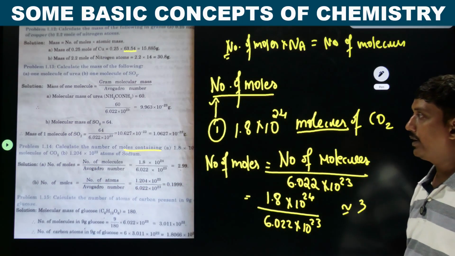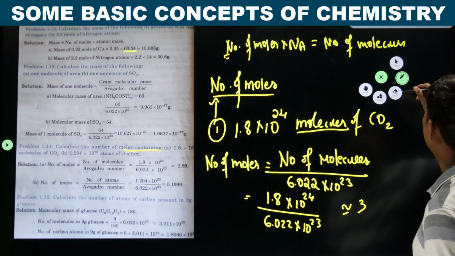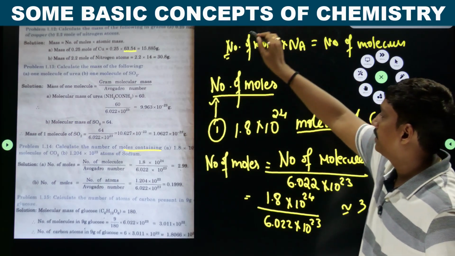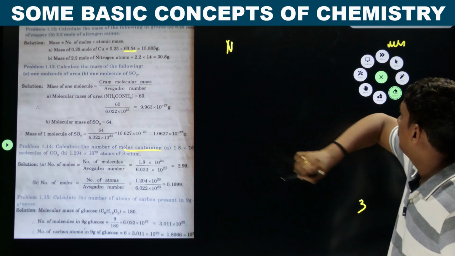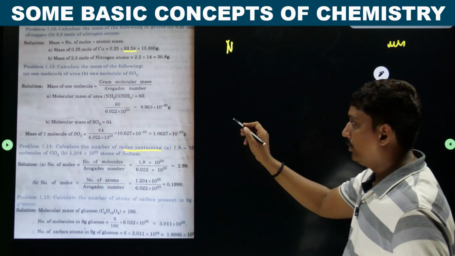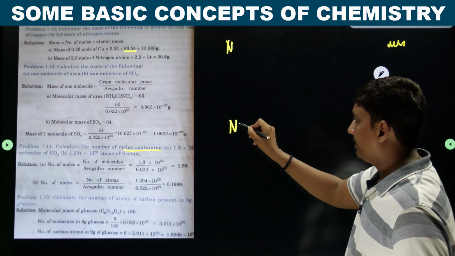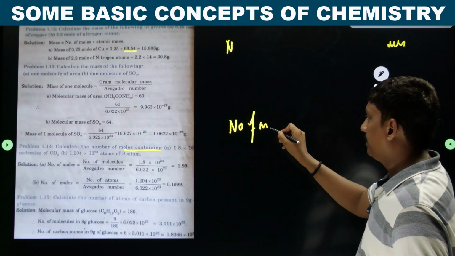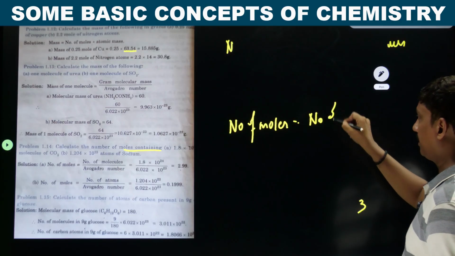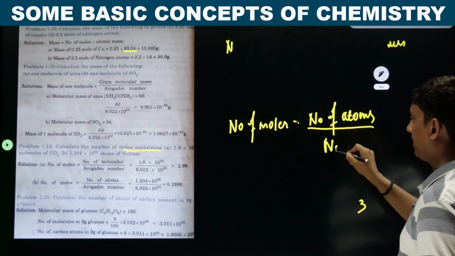1.204 into 10 to the power 23 atoms of sodium. The number of moles should be calculated. Which is the formula? Number of moles is equal to, here atoms are given, number of atoms divided by Avogadro number.